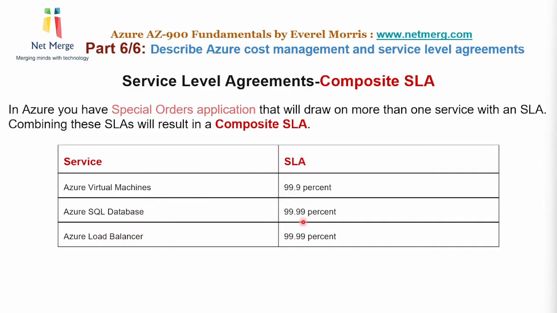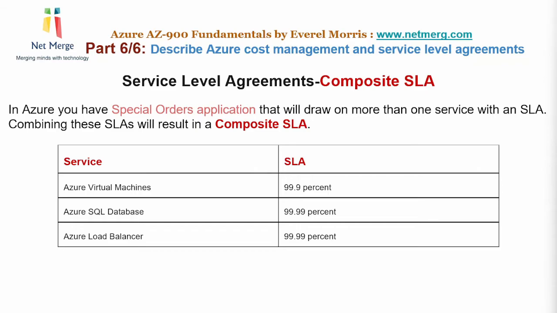We're going to look at them now based on the SLA. It's also a good time for you to understand that the SLA on a virtual machine is 3 nines, the SLA on a database is 4 nines, and the SLA on a load balancer is 4 nines. So we're learning more than we bargained for in this particular stint.